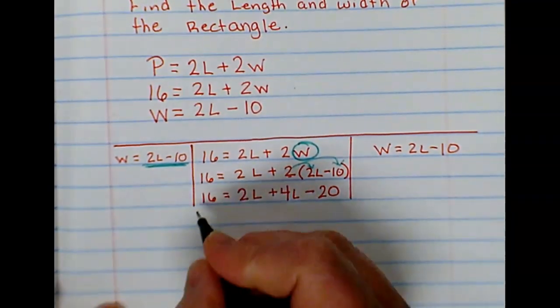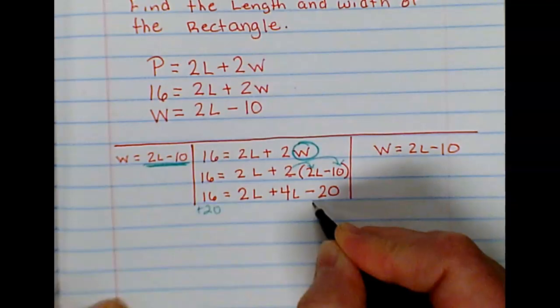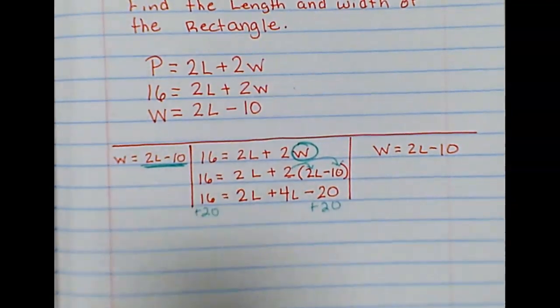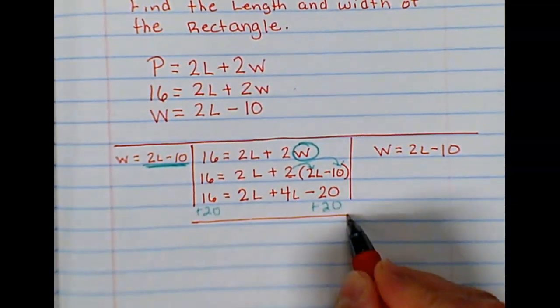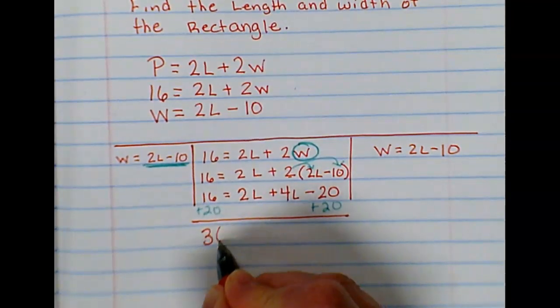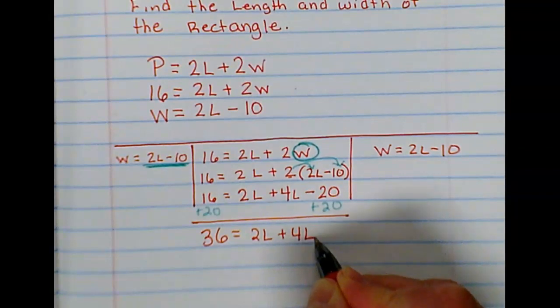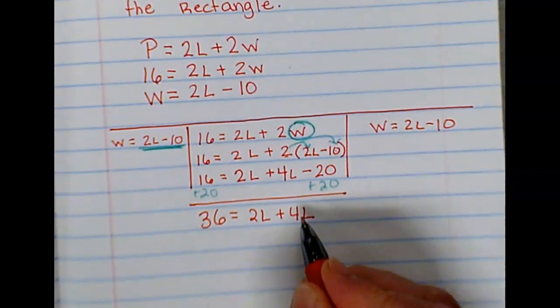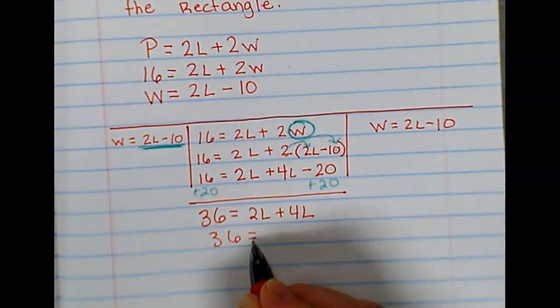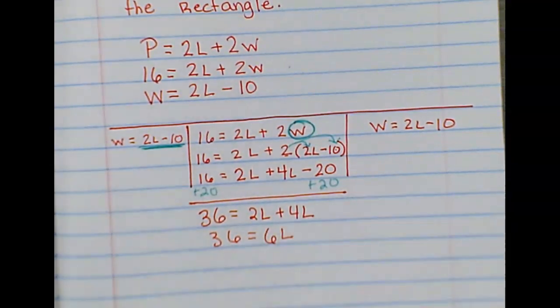I'm solving for L, so I'm going to add the 20 to both sides. 36 equals 2L plus 4L. And these are on the same side of the equal sign, so you combine like terms.